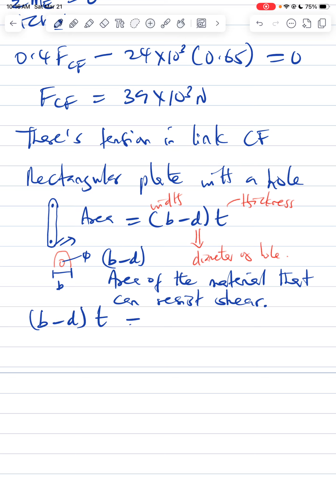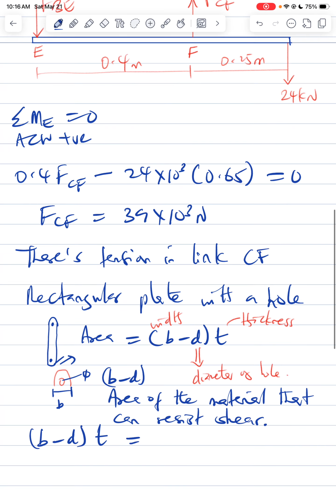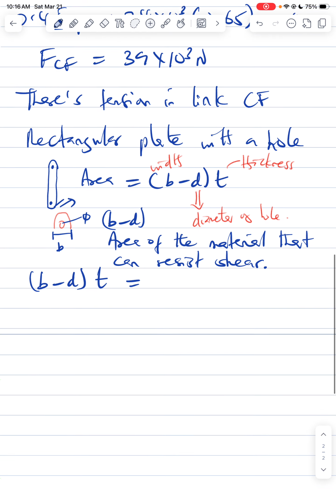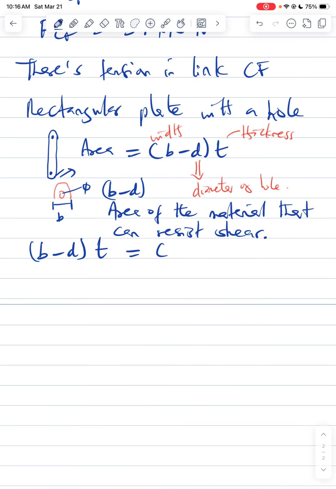Now in doing this, if you look at the units, it said there in the problem, T here is the thickness, 10, and 14 is the width. So that would be the width, which is 40 millimeter divided by 1000.